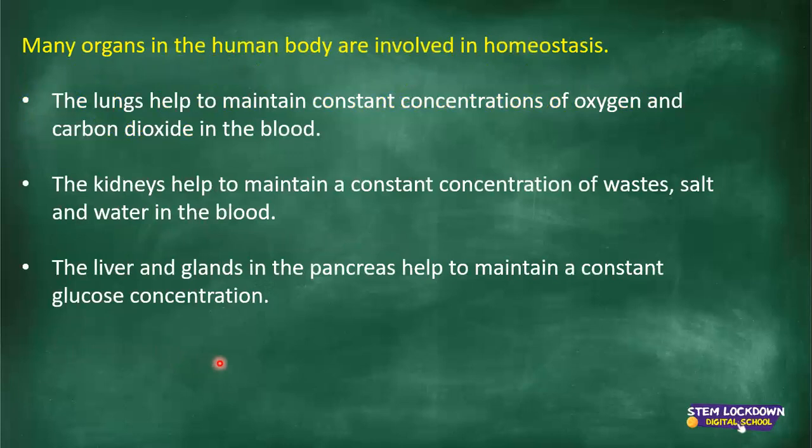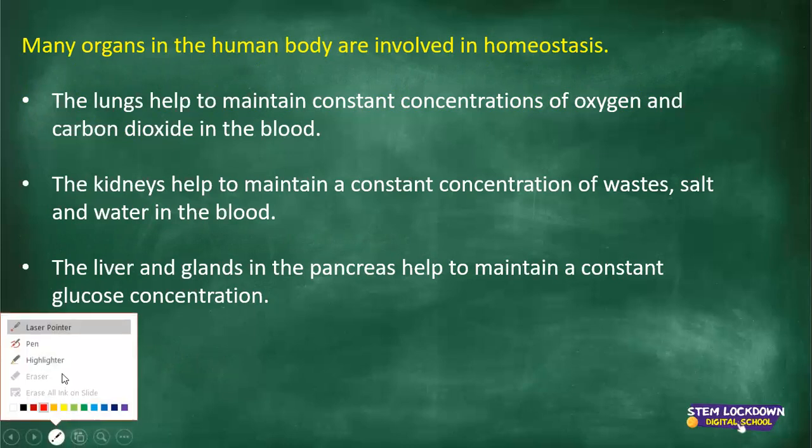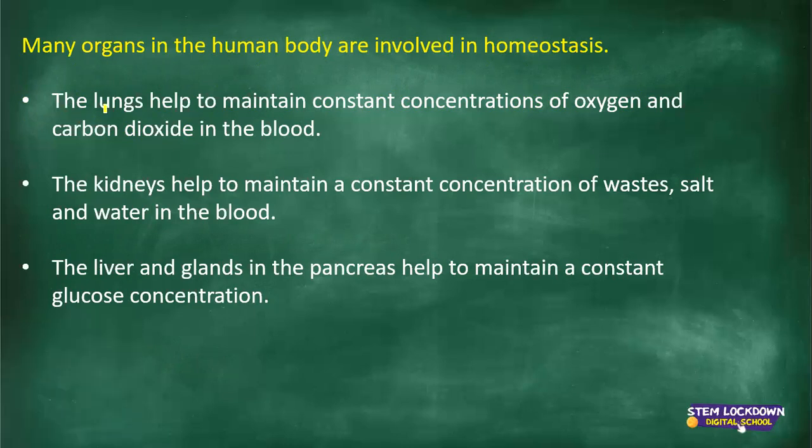Many organs in the human body are involved in homeostasis. Let me try to highlight as I go. We have the lungs. Lungs help to maintain a constant concentration of oxygen and carbon dioxide in the blood. We've just explained that, and this part you find in the respiratory system. You also have the kidneys.